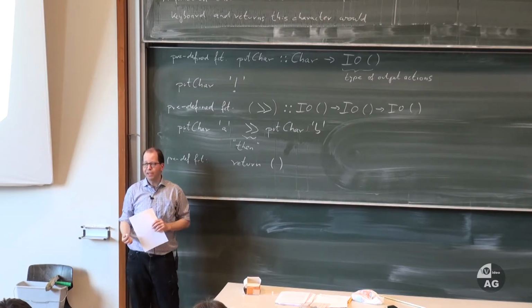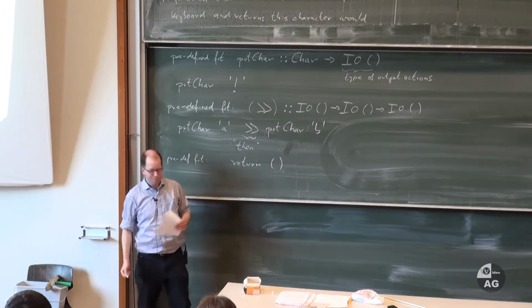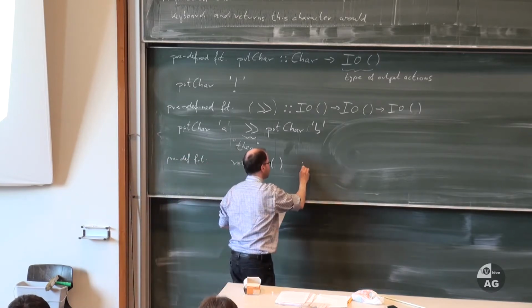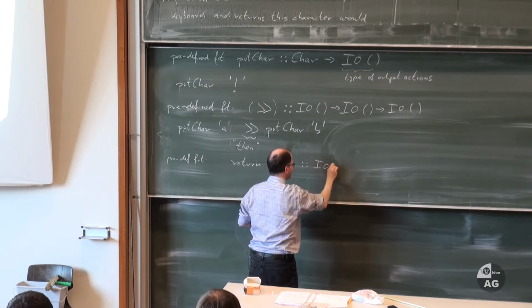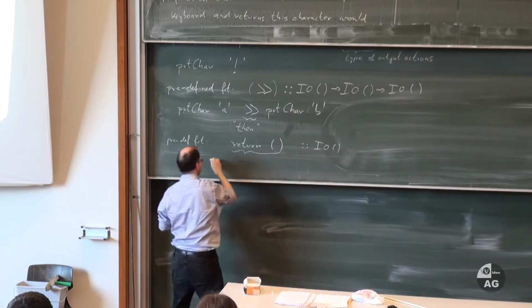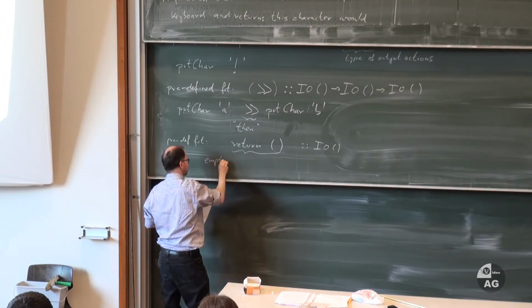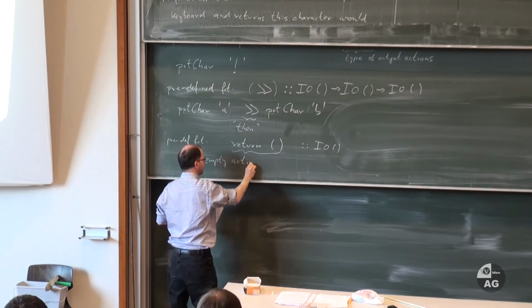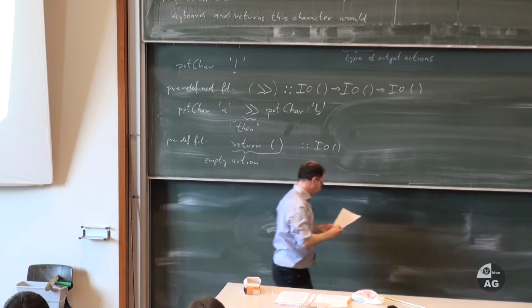It's also an output action. It's the output action that does nothing. So this prints nothing on the screen. So this has type IO empty tuple, and this is in some sense the empty action. So this is the action that does nothing.